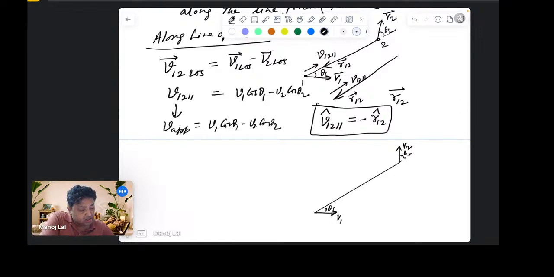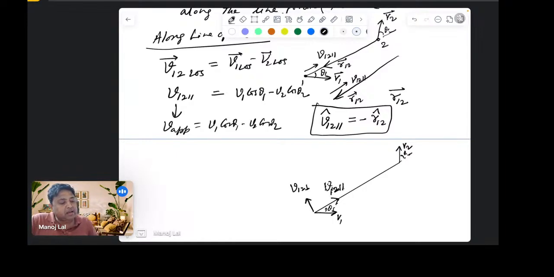I said this is the velocity of approach, meaning velocity of 1 with respect to 2 in the parallel direction. And this could be the velocity of 1 with respect to 2 in the perpendicular direction.